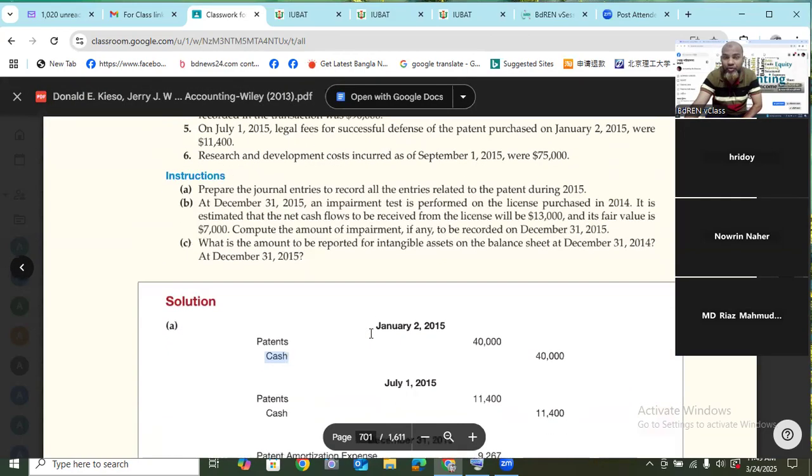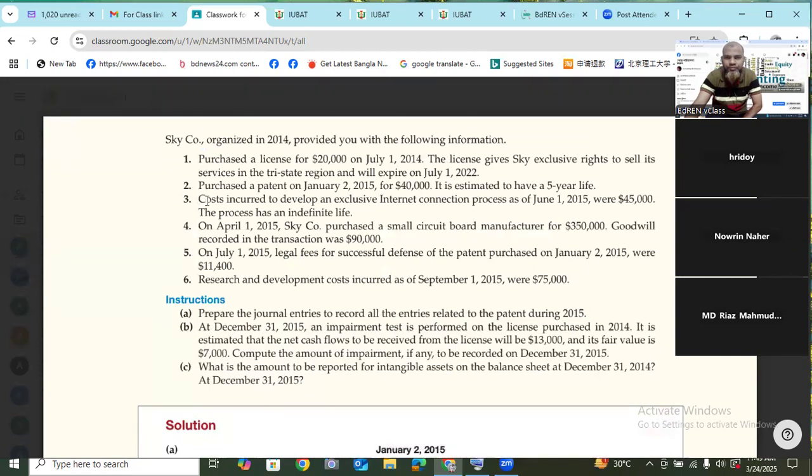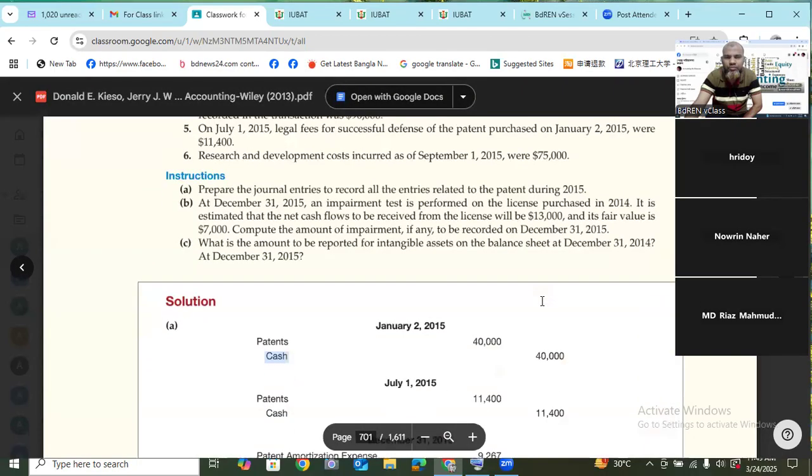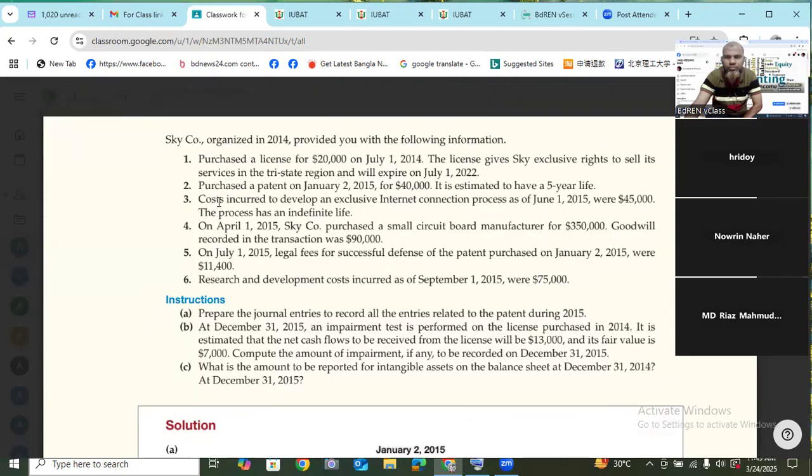Then July 1. Number 3, cost to develop an exclusive internet connection process. Is it a patent?